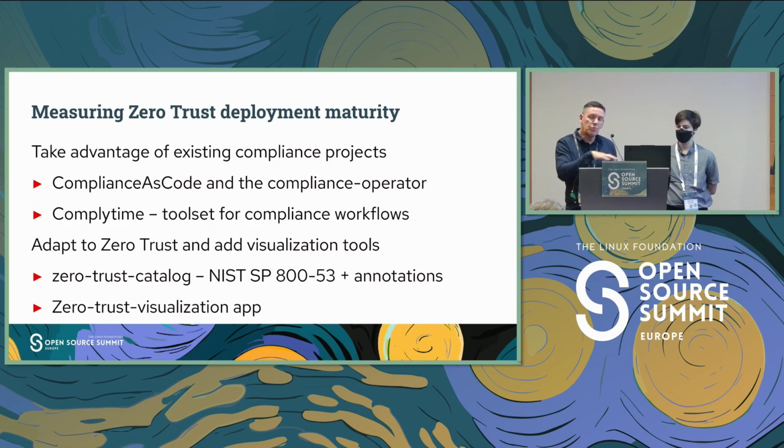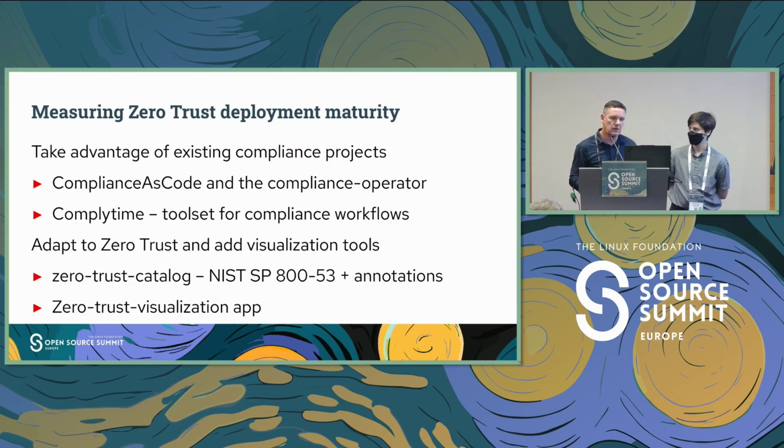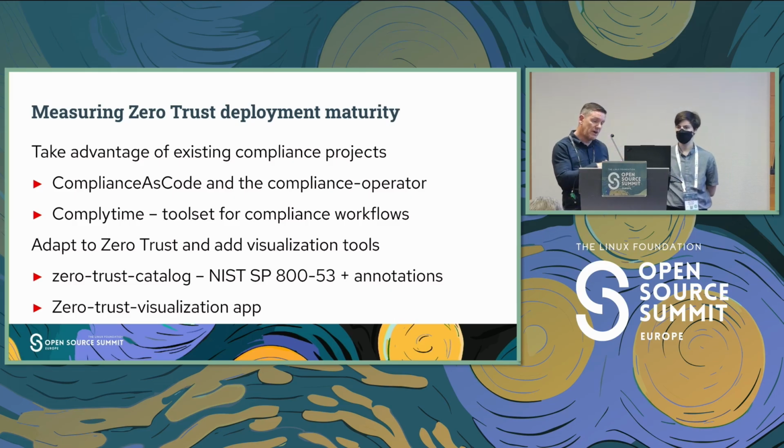And we're bringing in a couple of things that are developed specifically to achieve that. One of those things is the Zero Trust Catalog, which I'll talk about in a minute once I've introduced some of the concepts from OSCAL, which I'm going to mention on the next slide. And the thing that we developed specifically for this is the Zero Trust Visualization app, which is upstream in the Red Hat Emerging Technologies Git space.